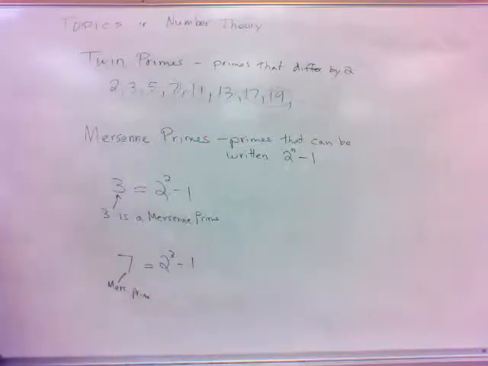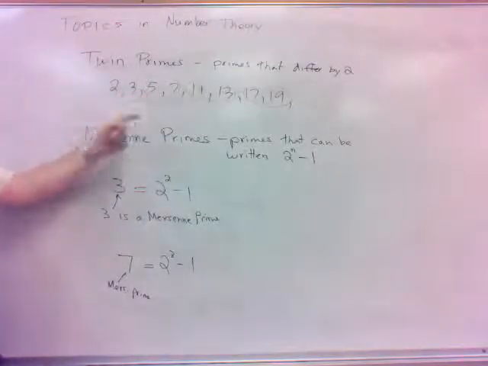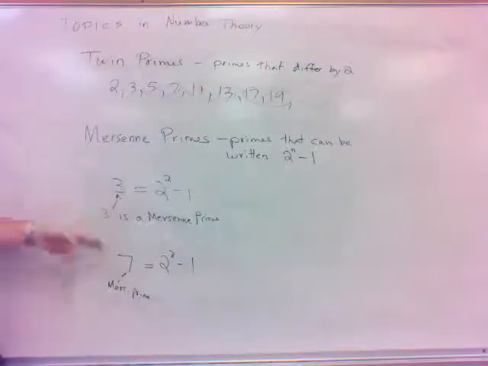Now notice, this is the first Mersenne prime, this is the second Mersenne prime. So there are some prime numbers that are not going to fit into this category, right? Like 2 is not a Mersenne prime, 5 is not a Mersenne prime. So there's only some of them that are Mersenne primes.